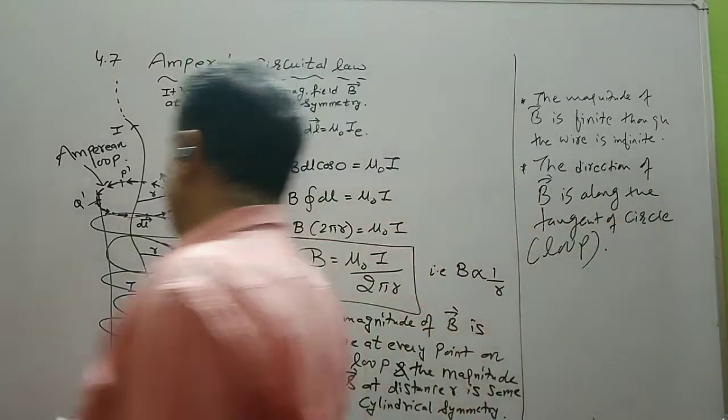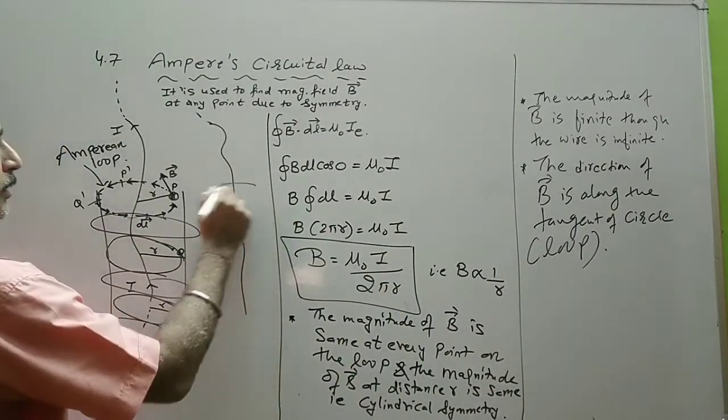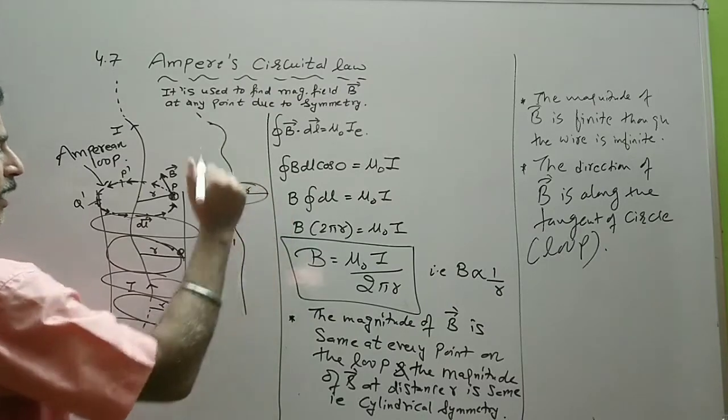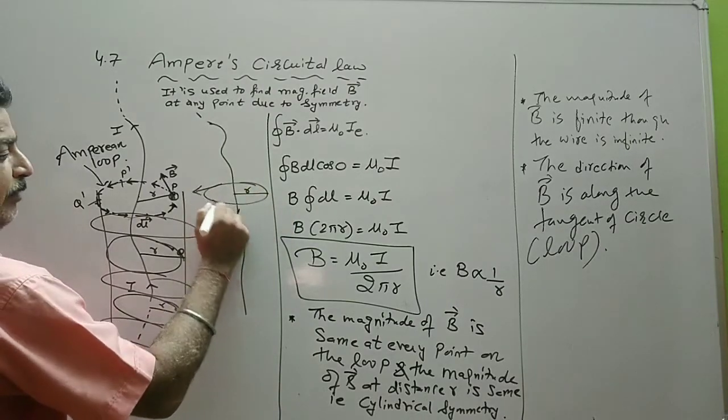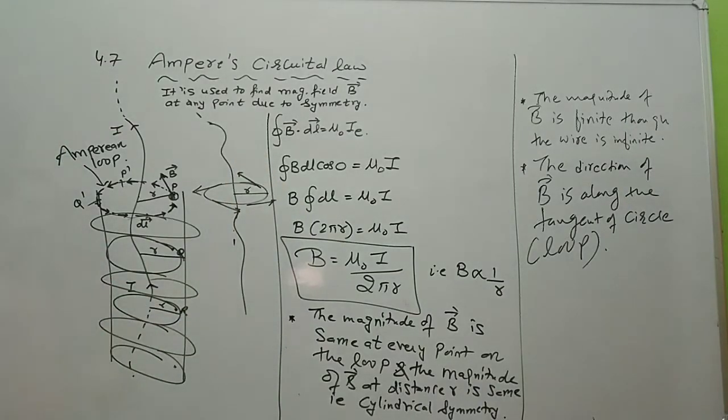So if we have a wire and the distance is R, the magnetic field intensity is along the tangent, that we already know.